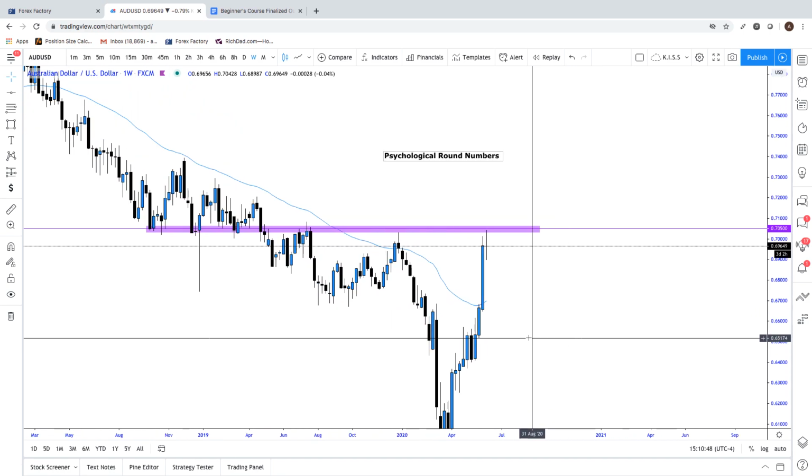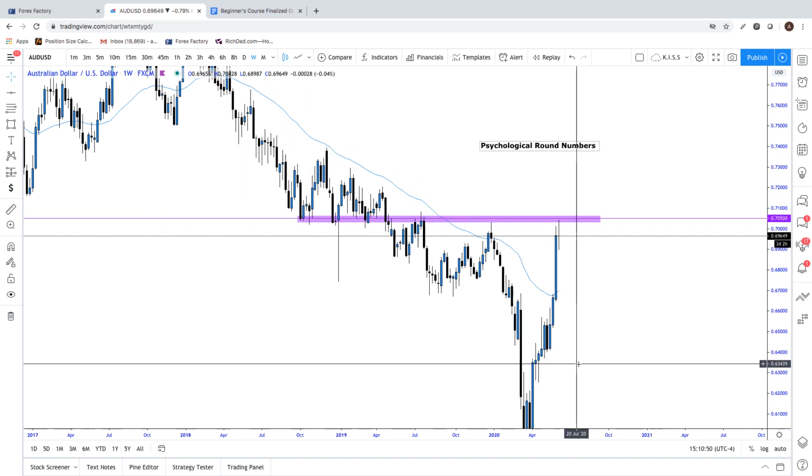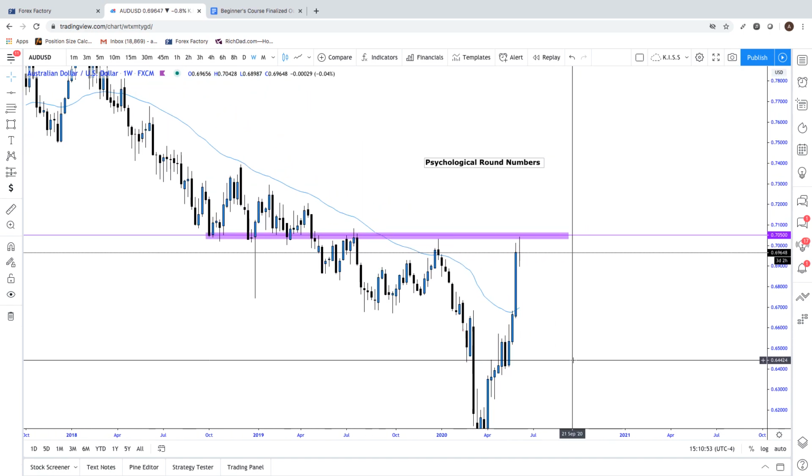Okay? And as you will understand in later videos, especially within the advanced course, the concepts that we trade are based off of clues that the banks provide to us. Right? The banks provide clues to us that we can capitalize off of.